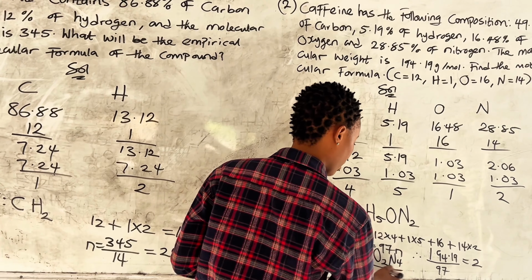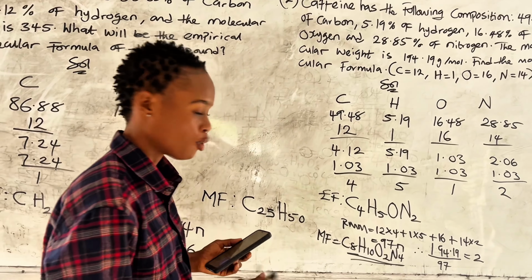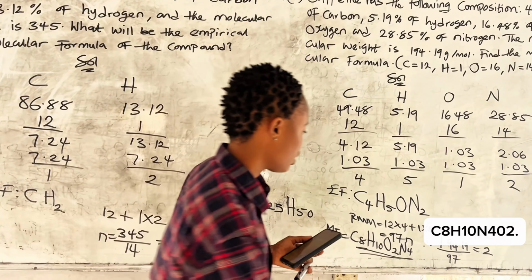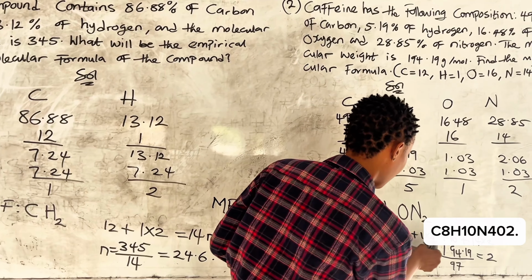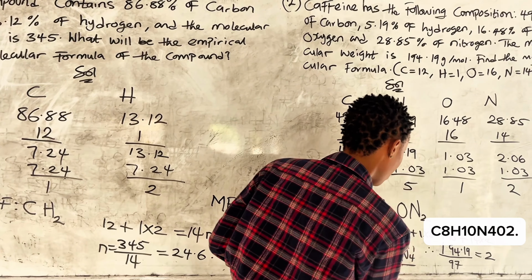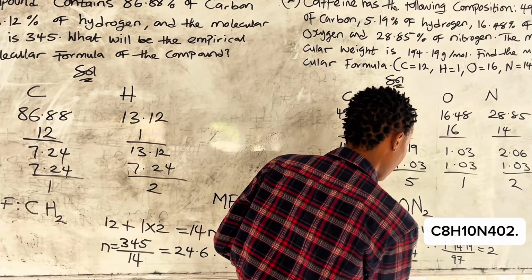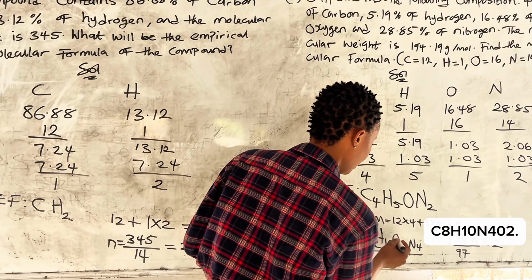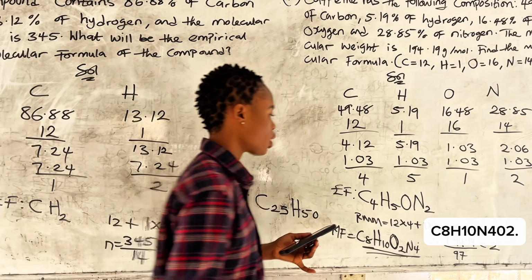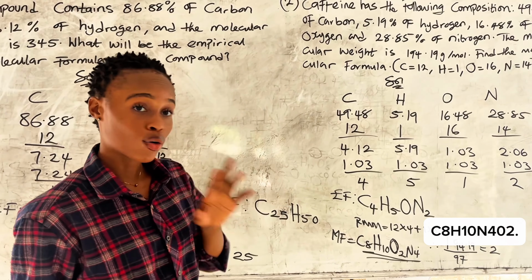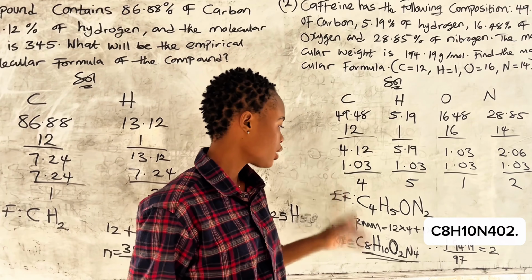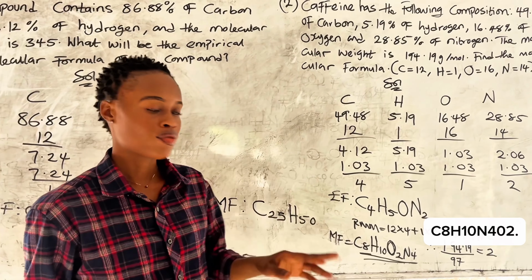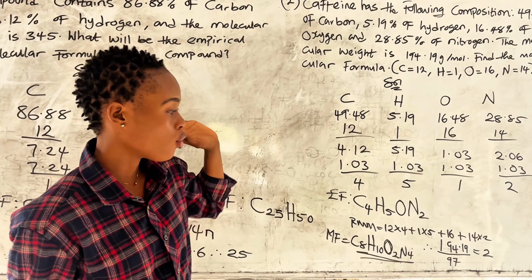So this is our molecular formula. I hope you can see it clearly. So let me just clean what is above so that we're not confused. So our molecular formula is C8H10O2N4. So this is the molecular formula of caffeine.